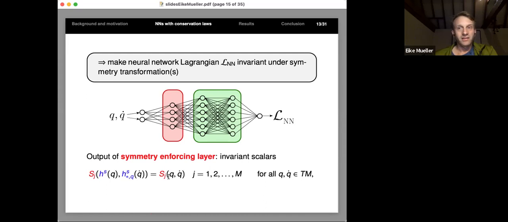We don't know what the coefficients of these terms are, but we can infer these coefficients from data. Here we do the same: we construct all invariant scalars, but we then feed them to a neural network, and that gives us our Lagrangian. And once we have the Lagrangian, we can derive the equations of motion just by taking the appropriate derivatives.